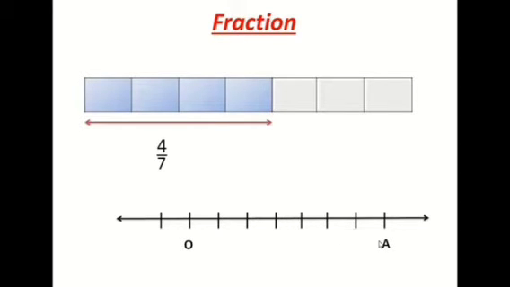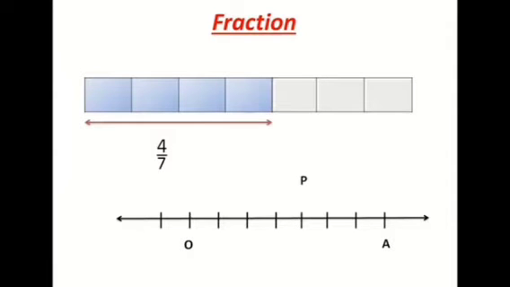From O to A, I have divided this number line into 7 equal parts because I wanted to show you how we can place 4/7 on a number line. So from O, if you take 4 steps, 1, 2, 3, 4, here you are reaching.